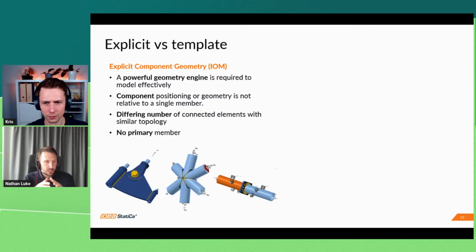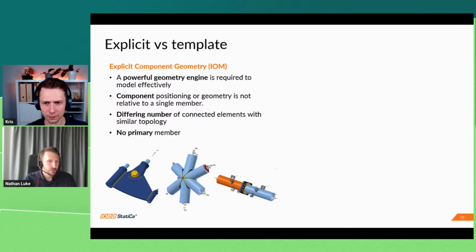Components are based off geometry in space, so all our plates. You typically might want to create a connection purely from IOM when you really need a powerful geometry engine like Rhino and Grasshopper, and when it's really hard to position plates and other elements in space using the UI of a program.